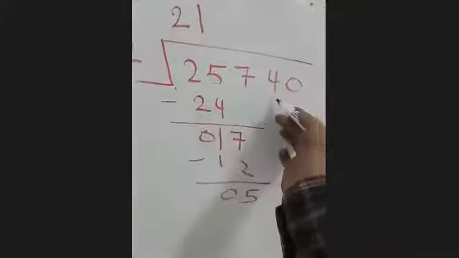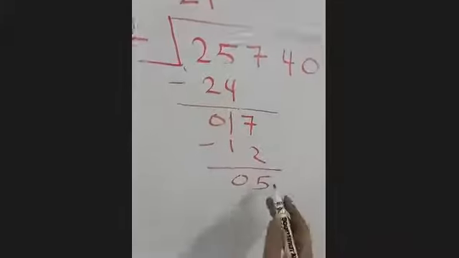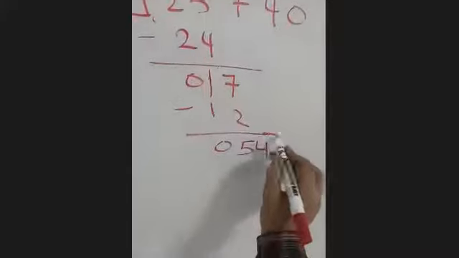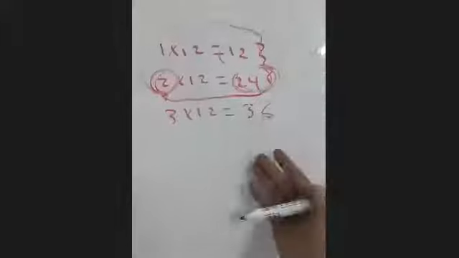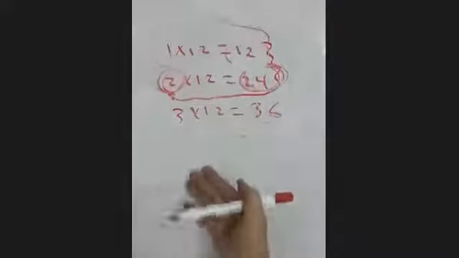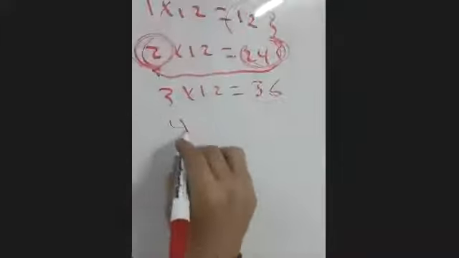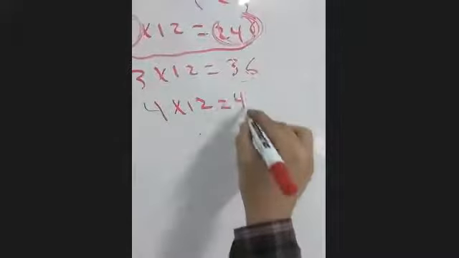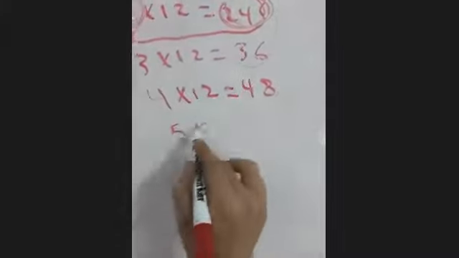Continue. After the 7, I bring the 4 down. 54. Do we have 54 here? No, all of them are less. So let's go further: 4 times 12 is 48, 5 times 12 is 60. I get beyond 54. 60 is bigger.